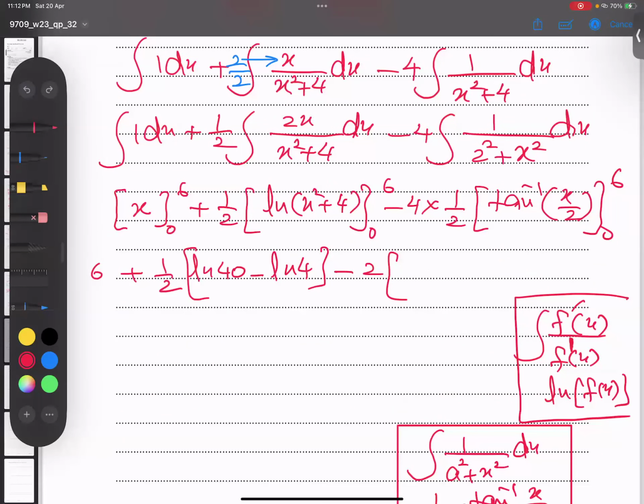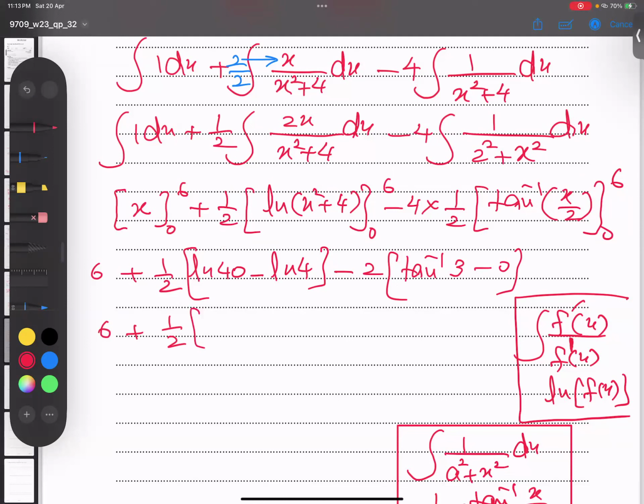So what is the technique here? Tan inverse. When I plug in 6 here, I got tan inverse of 3. When I plug in 0 here, tan inverse of 0 gives you 0. So there is no need to write it. And what about this?